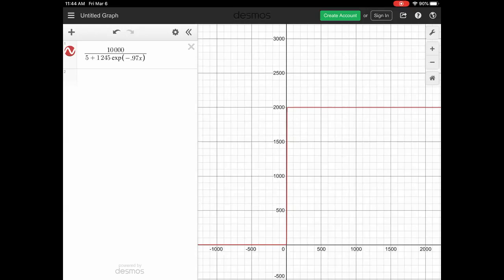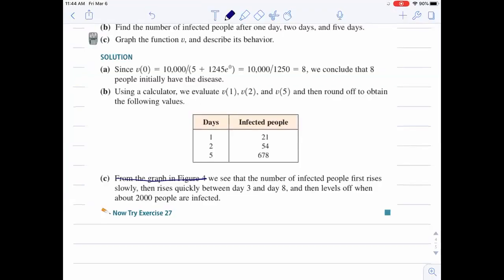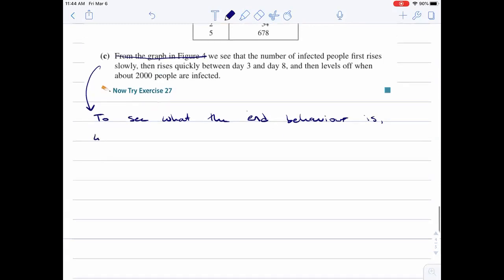To see what the end behavior is, we let t go to positive infinity. We let t go to a very, very large number.